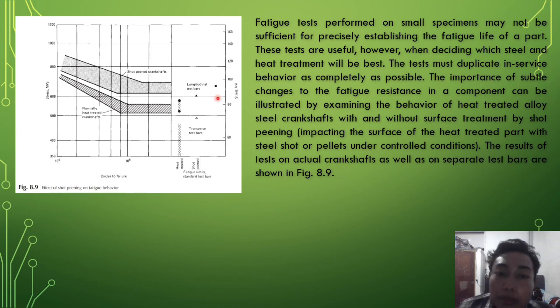The important change when comparing the two can be illustrated by examining the behavior of the test treatment. A crankshaft with and without the notch, under impact, and the heat treated part with a steel shaft under controlled condition. The results of testing the crankshaft as well as bearings are shown in Figure 8.9.